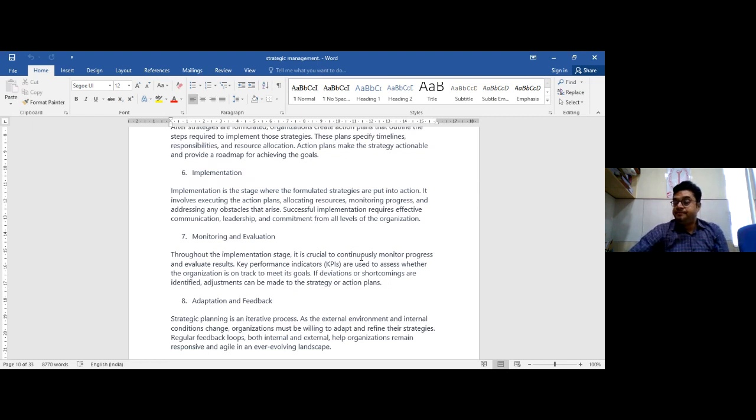You know, the strategy implementation stage is extremely important. After the strategy is formulated, it has to be assessed as to whether the strategy can be implemented in terms of the directions.